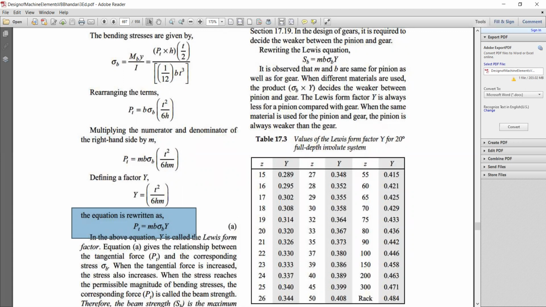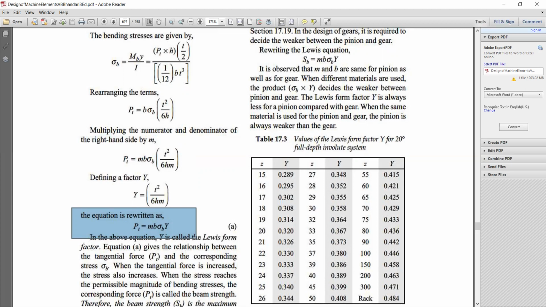It is very important to find the Lewis form factor, because it gives the relationship between the tangential force and the corresponding bending stress.